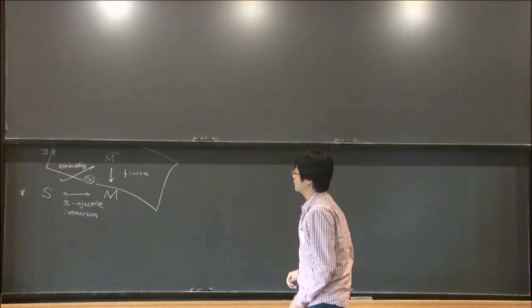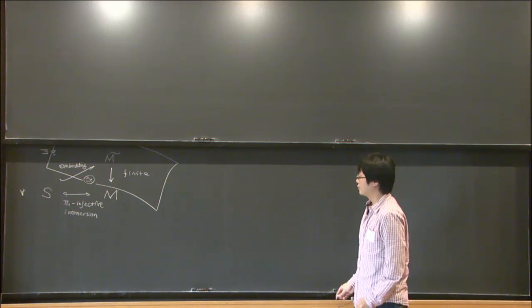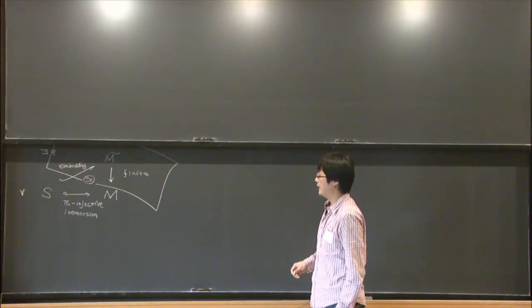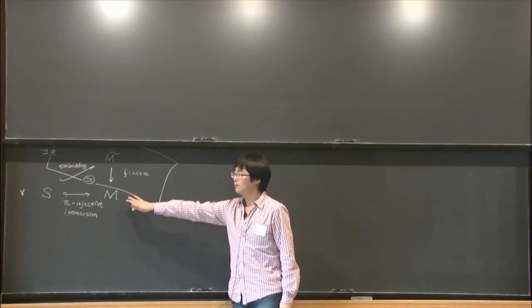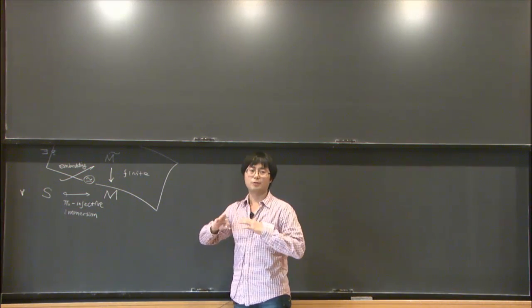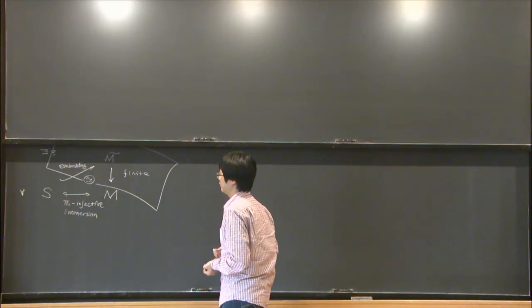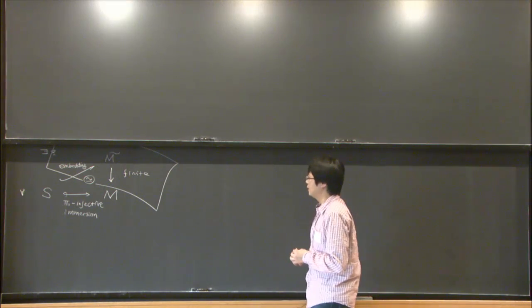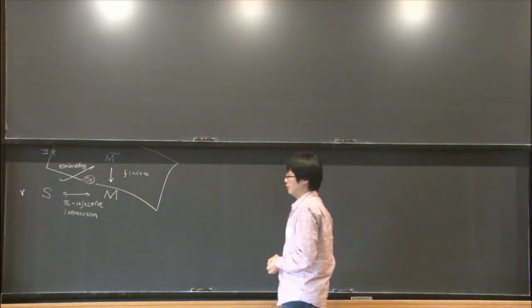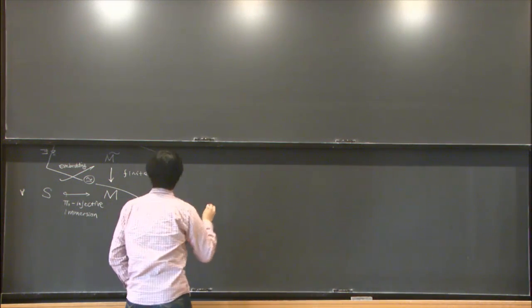Actually, you can say more. So let's start by looking at what really happens if M has no non-trivial decomposition. So if M is Seifert fibered or hyperbolic, then we can get a fairly clear picture of what happens.